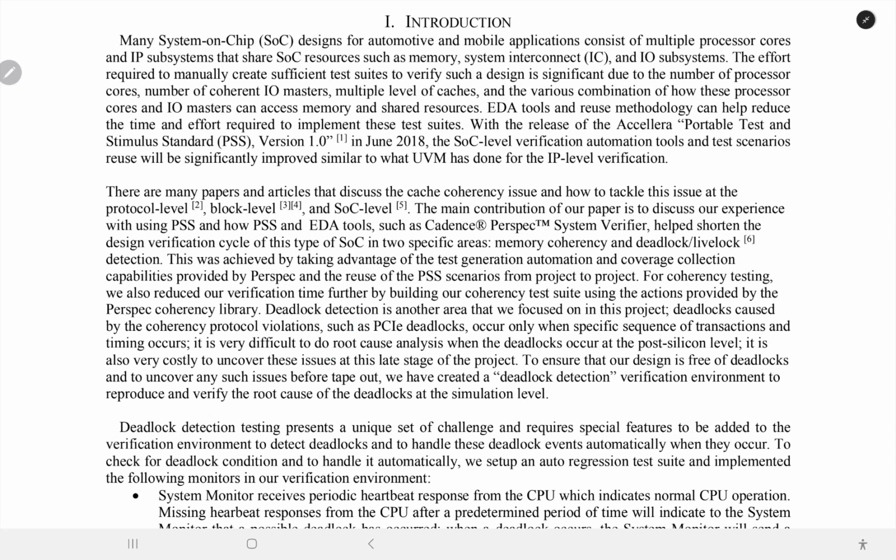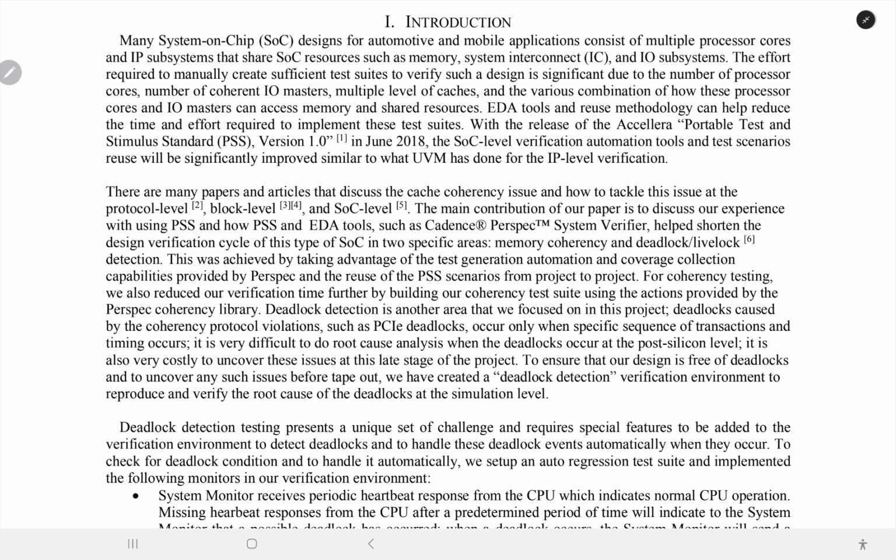Deadlock detection is another area that we focused on in this project. Deadlocks are caused by coherence protocol violations, such as in PCIe. Deadlocks occur only when a specific sequence of transactions and timing occurs.